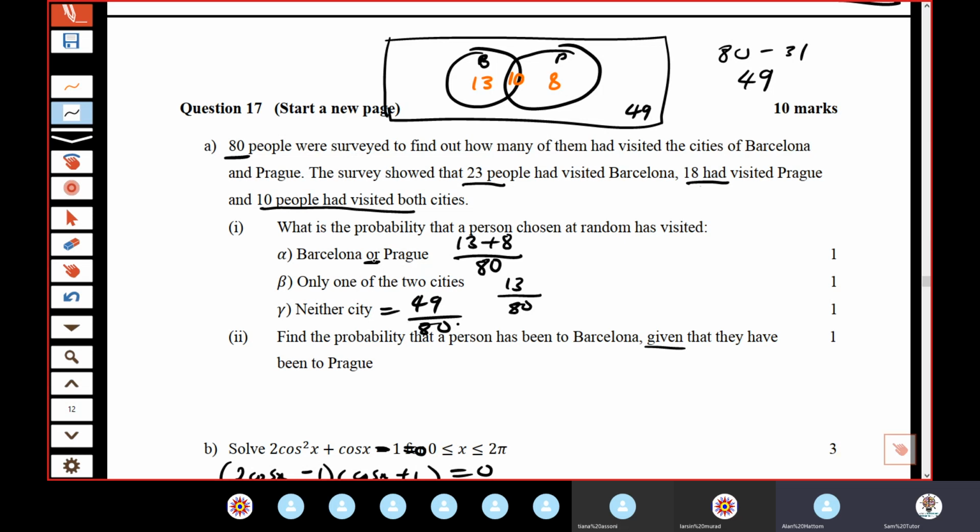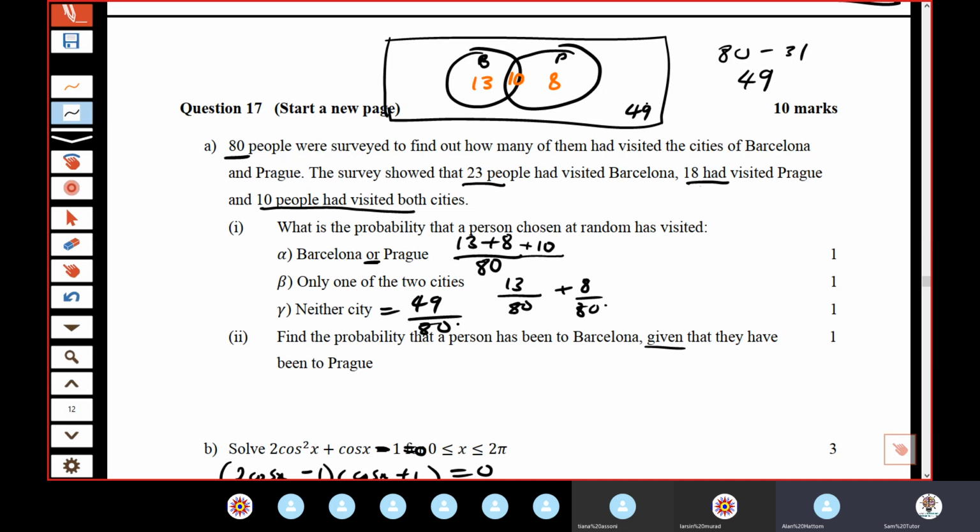No, I'm thinking Barcelona or Prague is a bad one because that one should be plus 10. And that's what I'm going to do. This one definitely the answer is 8 out of 80, because that's just the way it works. And I think he did the calculation wrong for how many people didn't visit either.